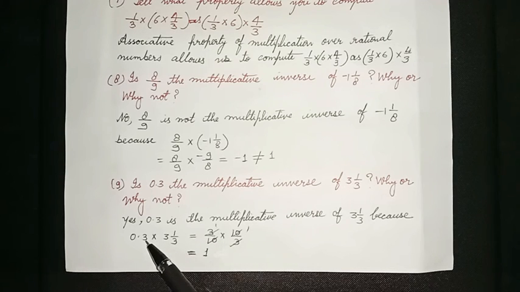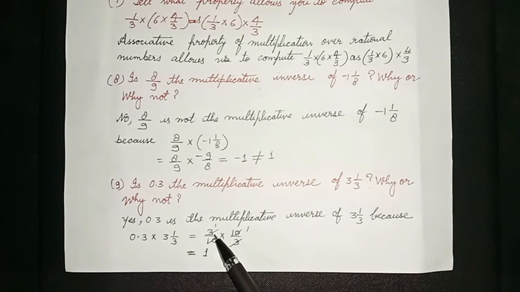So 0.3 into 3 whole 1 by 3 is equal to, you can see 0.3 is a decimal number. We will write 0.3 as a fractional number.